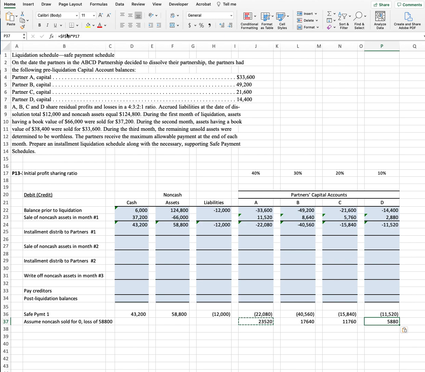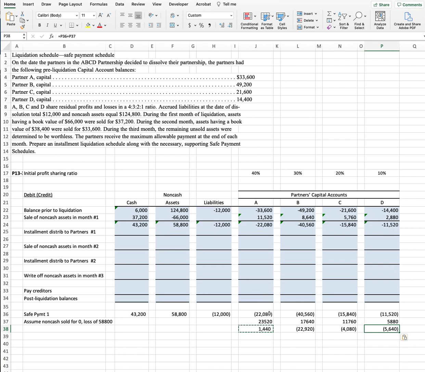If that $58,800 of non-cash assets was assumed to be sold for 0, then we would distribute that to everybody, and that would leave us with balances of 1,440, and that's a deficit.